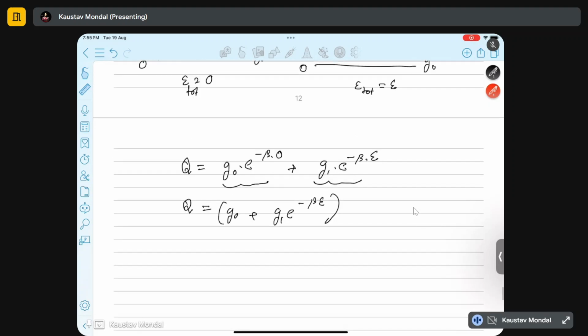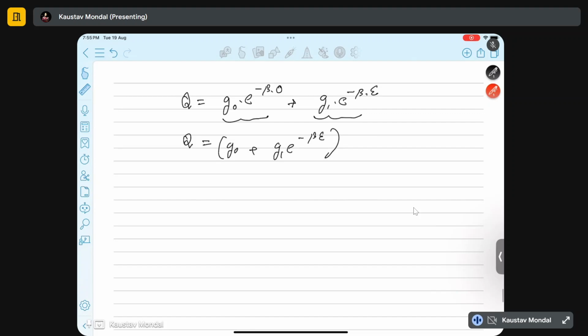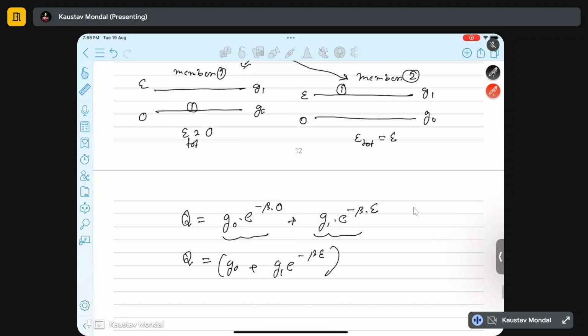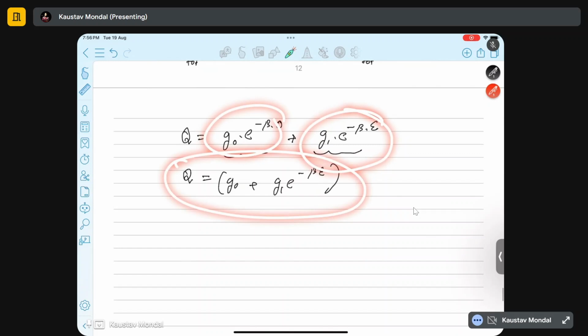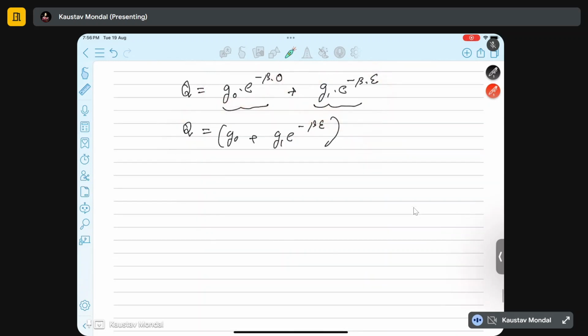This is the expression of the microcanonical partition function of a system. This contribution comes from the first member, this from the second member, and this is the total partition function, right?